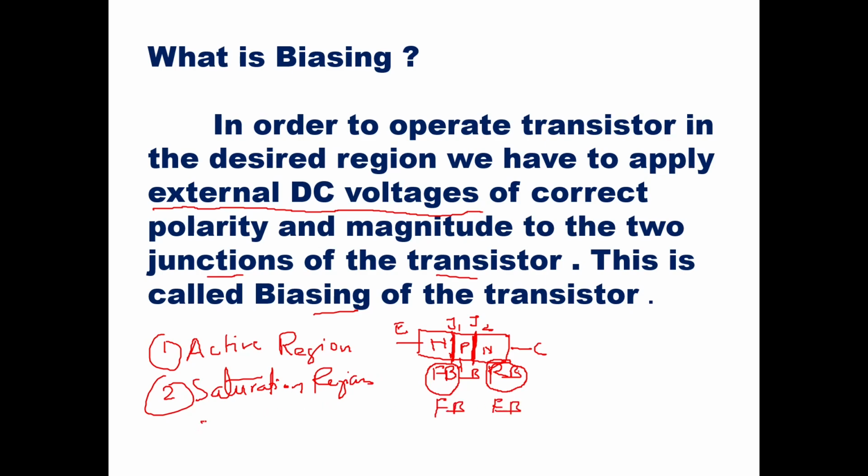For the cutoff region, the first junction is reverse biased and the second junction is also reverse biased.